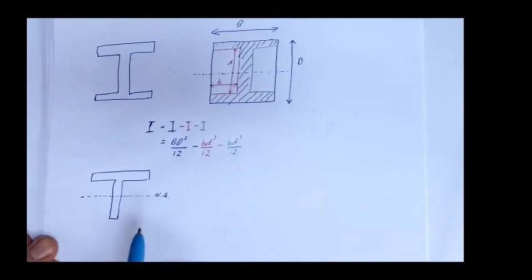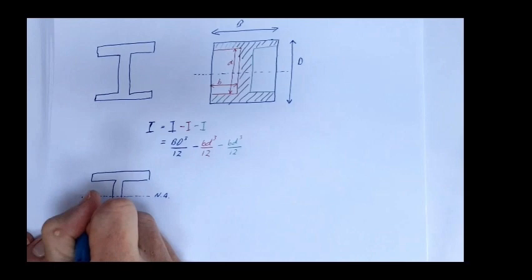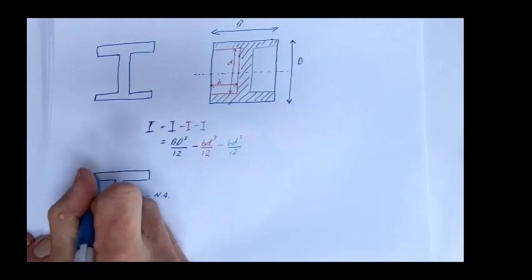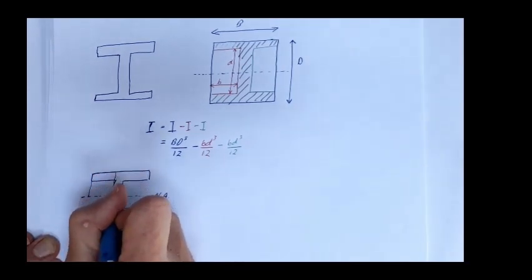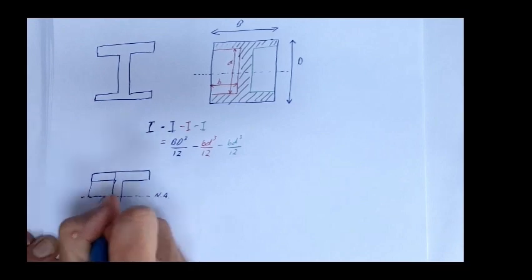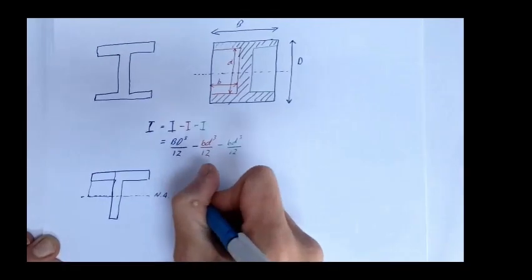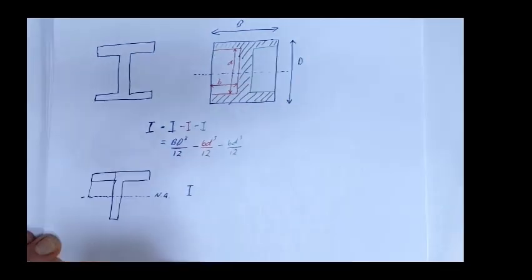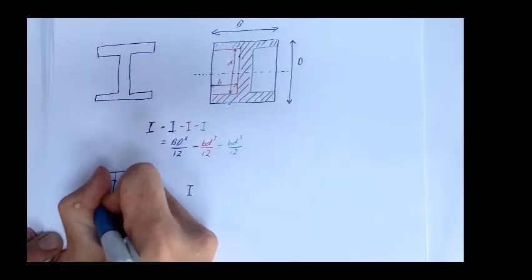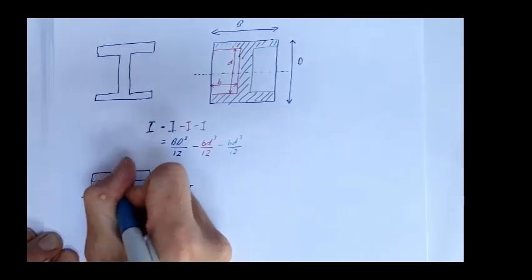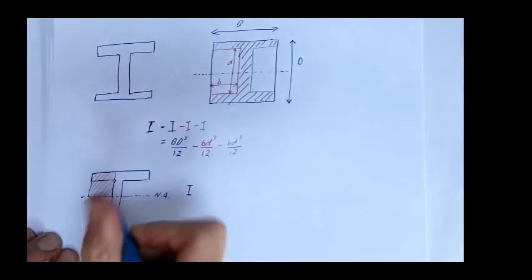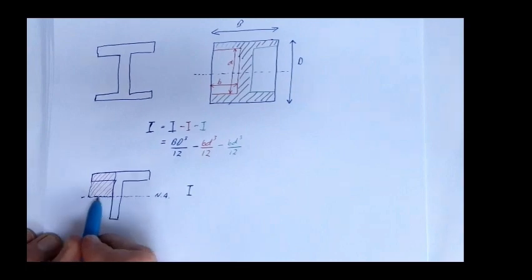Well, we can calculate the second moment of area of this first rectangle here around its edge. We know how to do that. So I for the total section, we've got this red region here around an axis on the edge of that rectangle.